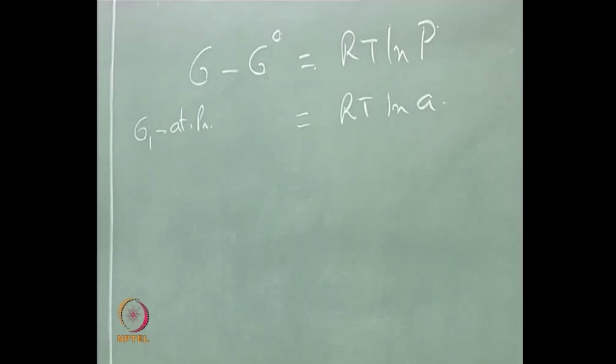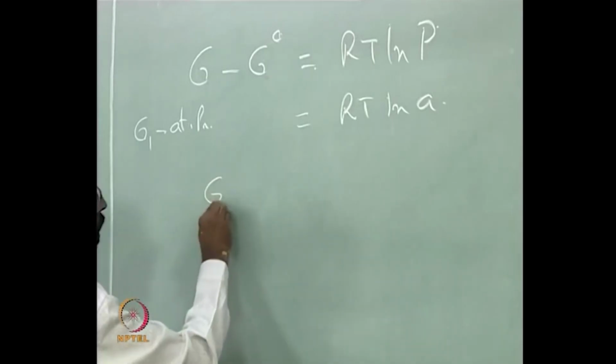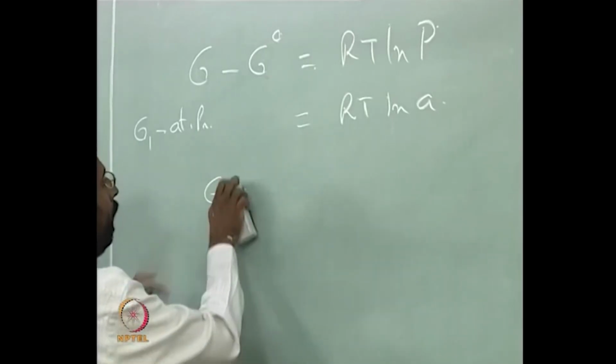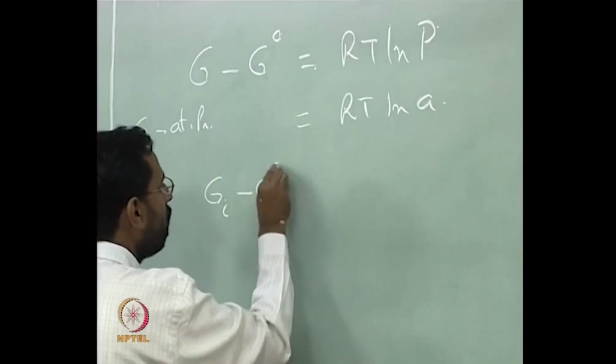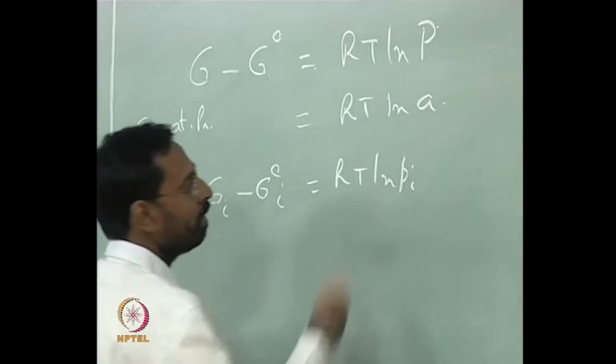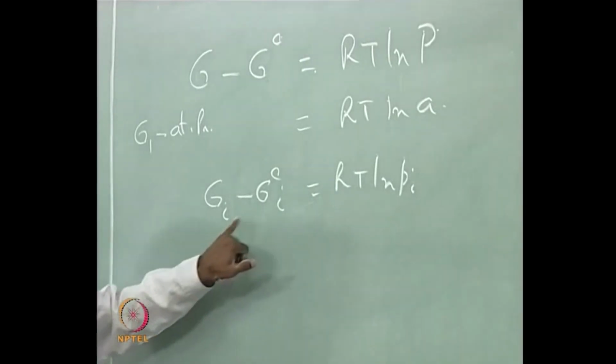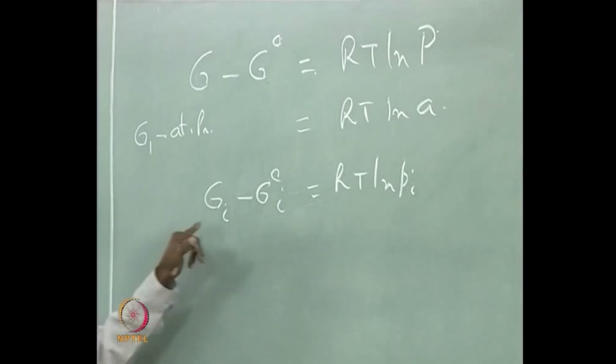If we are talking of a mixture of gases, you can write Gi minus G naught i can be written as RT ln Pi for a particular gas. If there is a mixture of a number of gases, for a particular ith gas, you can always write this expression.